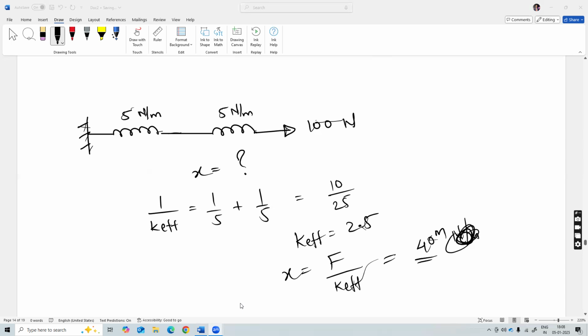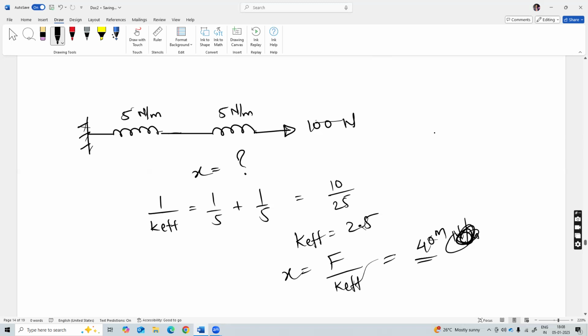Sir, F is equal to minus kx, no, sir, because we are expanding it, so that's why I have applied minus there. No, first of all, here we are finding the change in length.